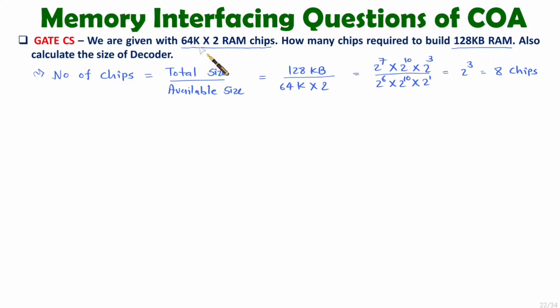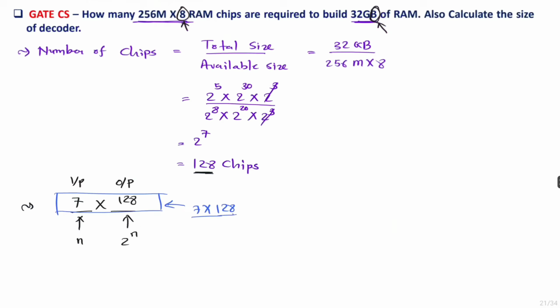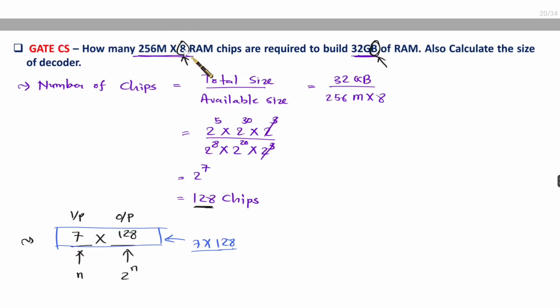Now, in my previous questions in which we were calculating decoder size, the size of data was the same. Here the required size has data of B, meaning 8 bits, and the available size also has data of 8.